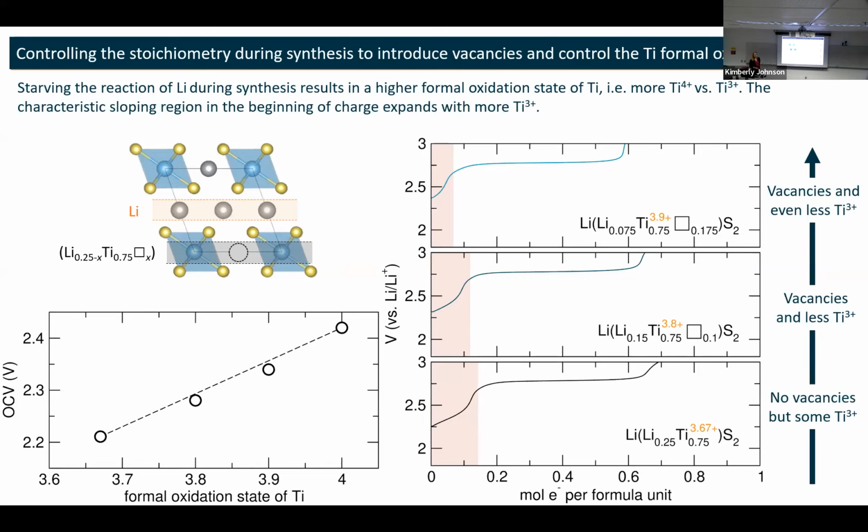So where you introduce the vacancy, what's the local environment around the vacancy? I don't know. It's a good question. This vacancy is a cation vacancy, so it's formally negatively charged, if you think about it that way. So it's possible that the titanium that clusters around the vacancy might have a higher oxidation state than those that don't, but I don't know the answer to that question in these materials.